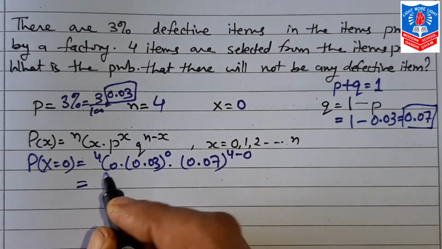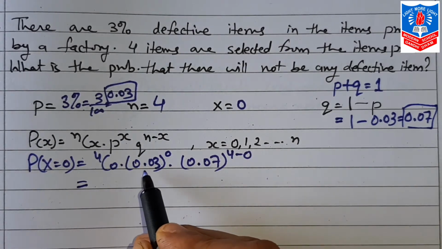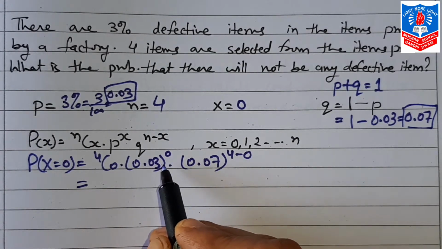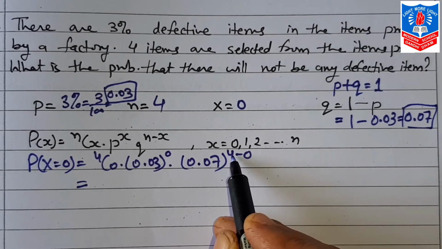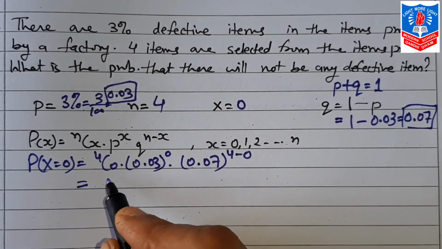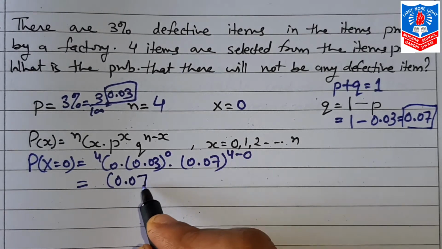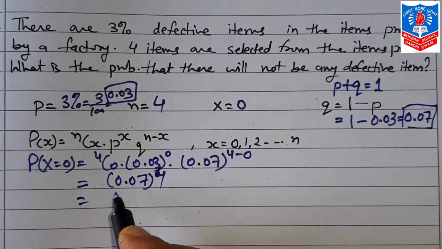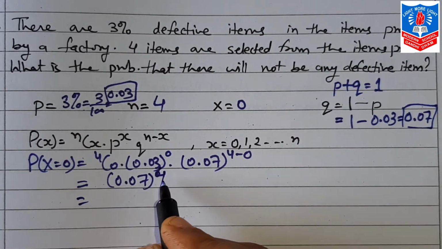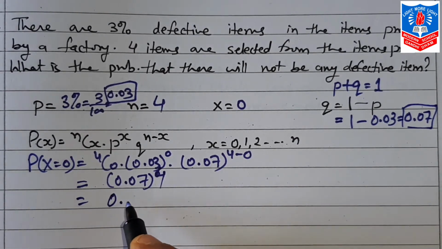Now when you find this, 4C0 into 0.03 raised to 0, so this 0.97 raised to 4 only is left.